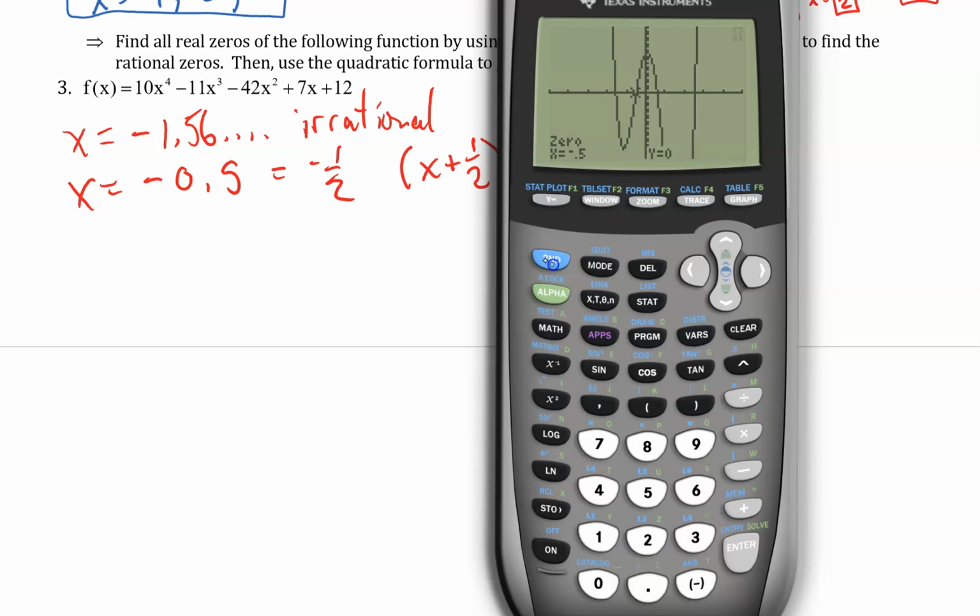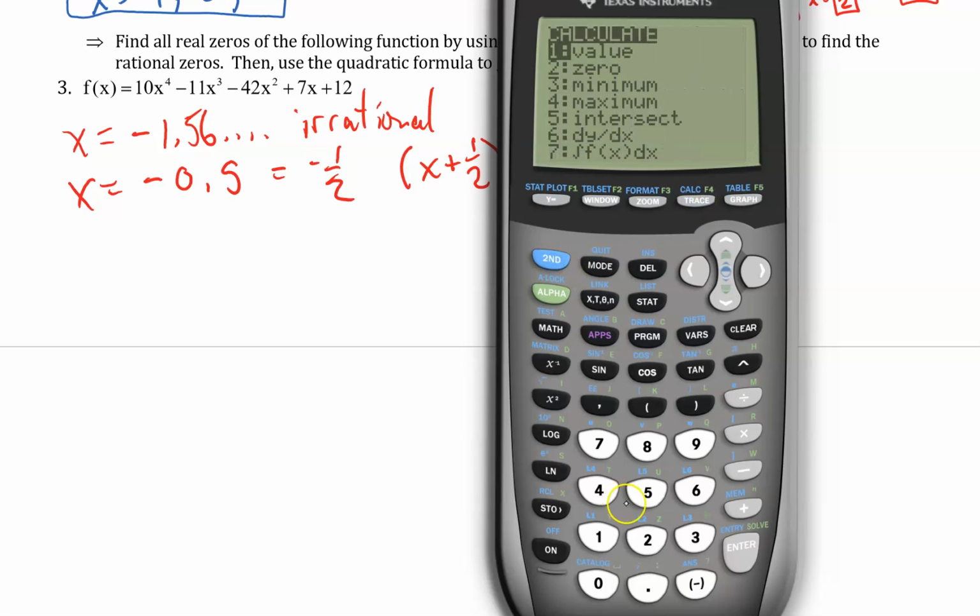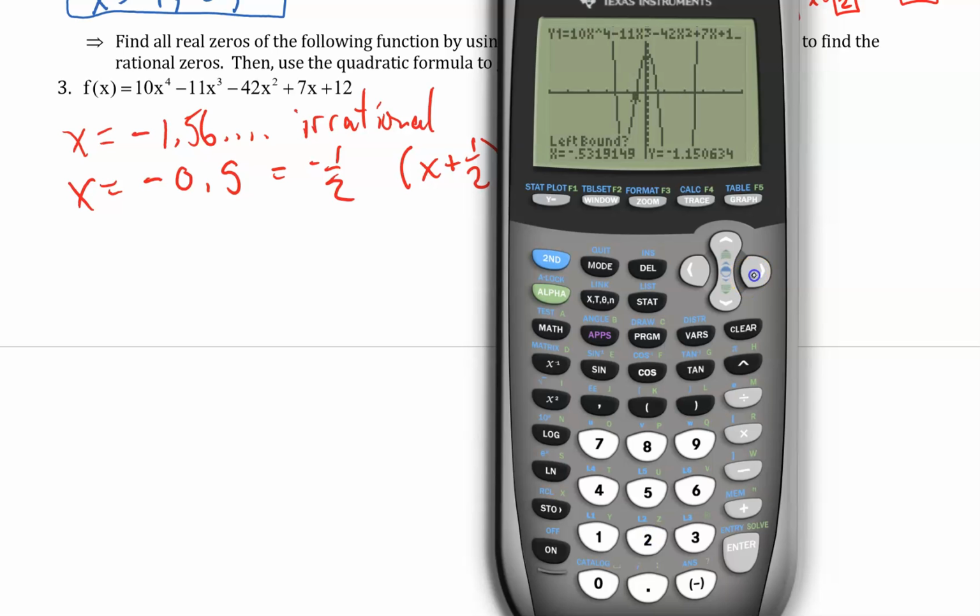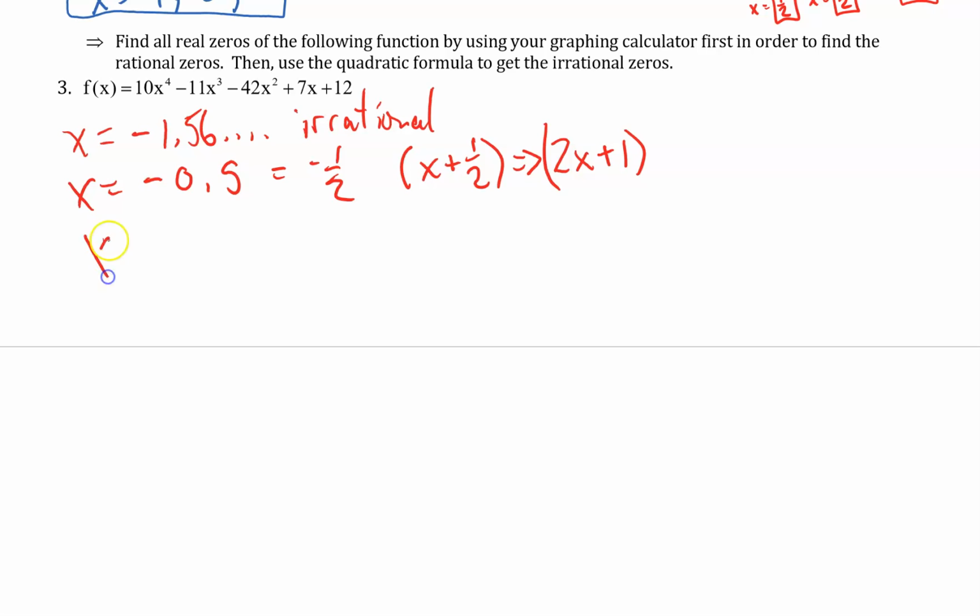So once again, calc, 0, move my cursor over to be slightly to the left of the next 0, hit enter, move to the right of it, enter, and let the calculator guess, and it tells me my next 0, x equals 0.6.